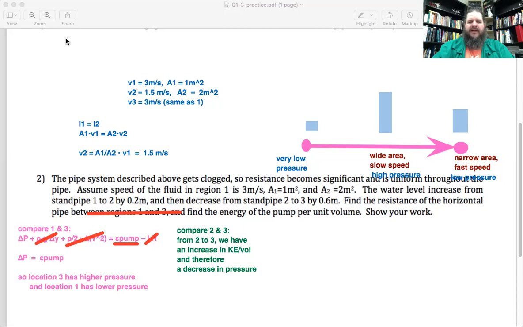What formula would relate a height difference to a pressure difference or convert it to an energy density? What's the one formula you have that relates height and pressure or height and energy density?